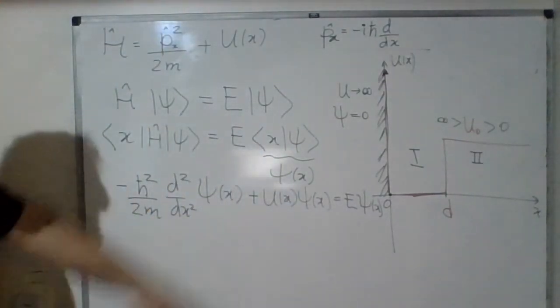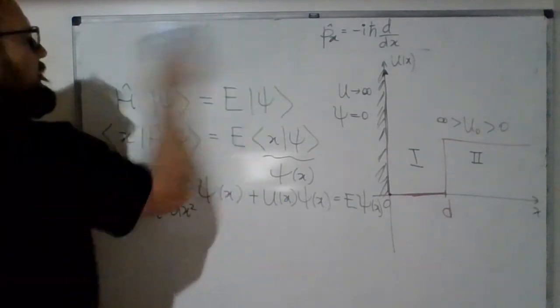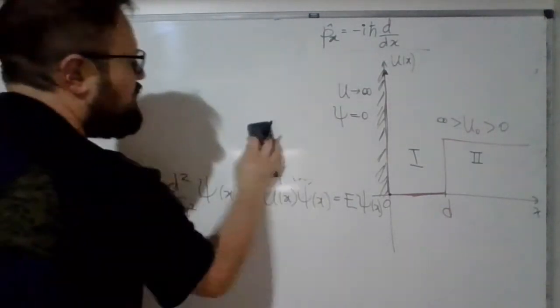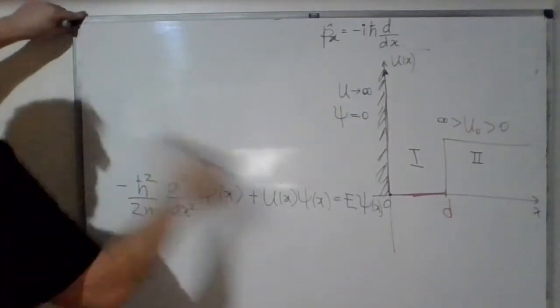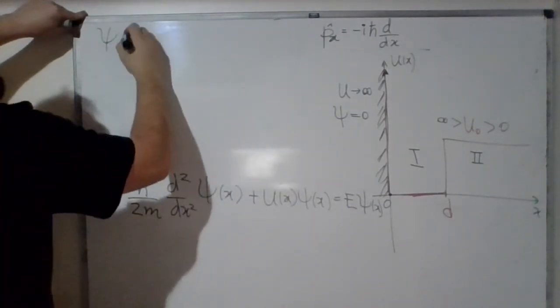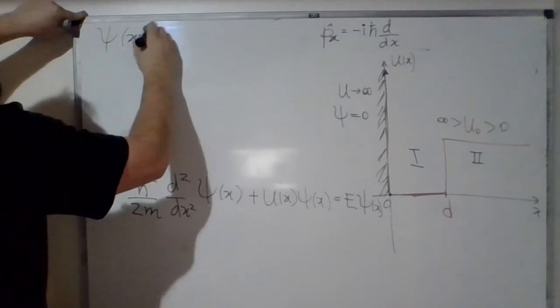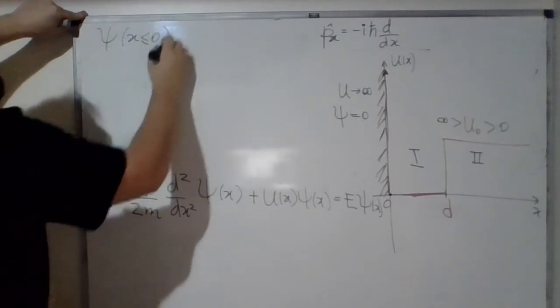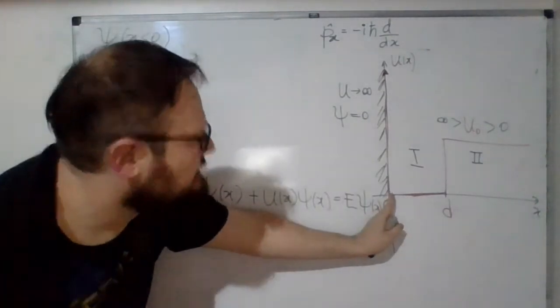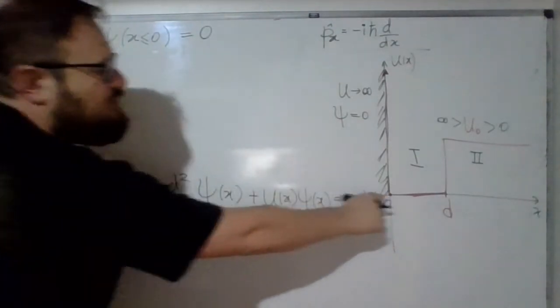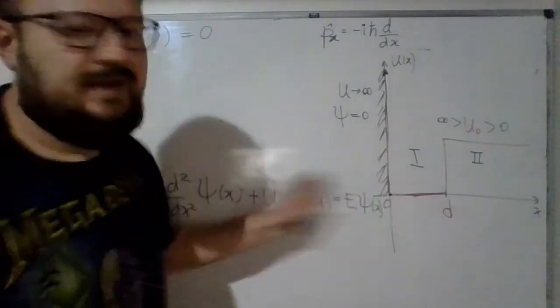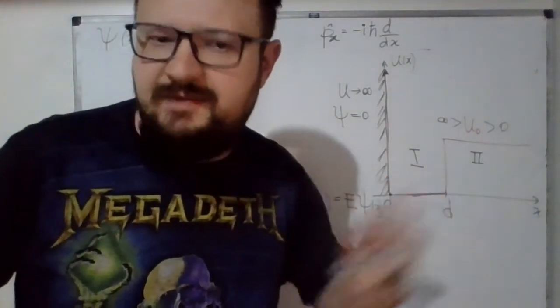So this is a differential equation. There are two regions for this differential equation. So we already know that for x lower than or equal to zero, because the potential starts right here, the function is zero, so we do not have to worry about negative values of x at this point.